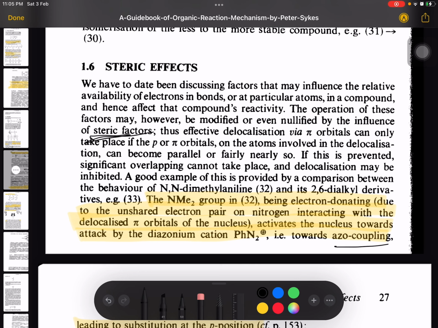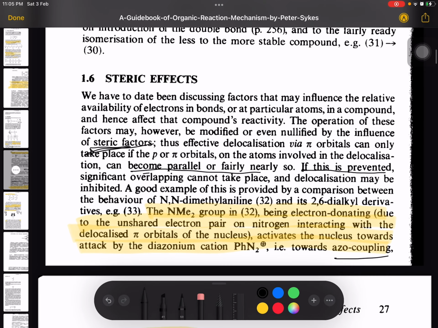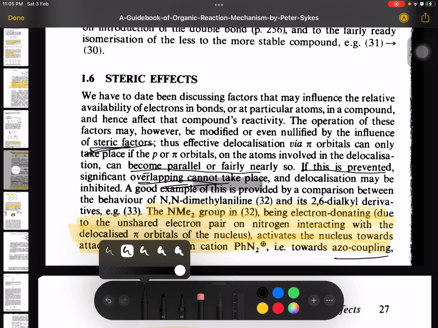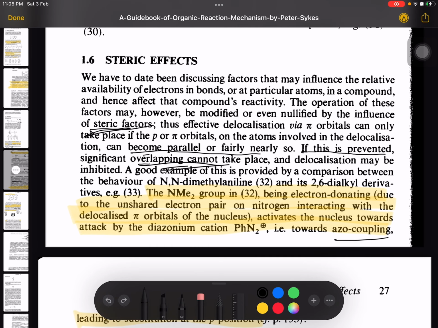Thus, effective delocalization via pi electrons can only take place if the p or pi orbitals on the atoms involved in the delocalization can become parallel or nearly so. If this is prevented, significant overlapping cannot take place, and delocalization may be inhibited.